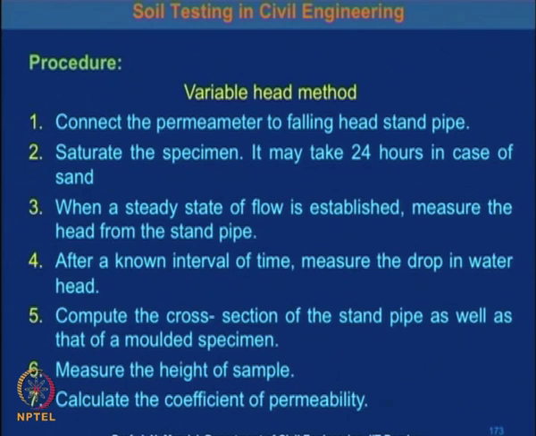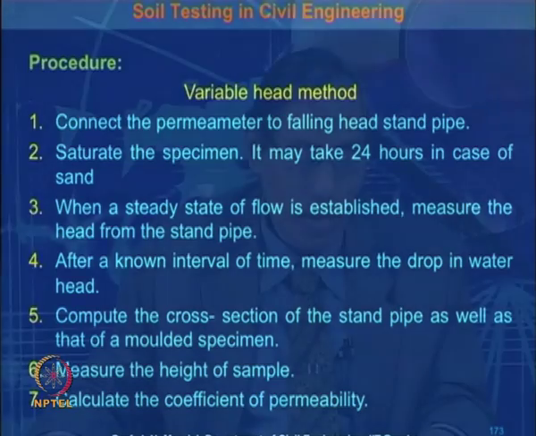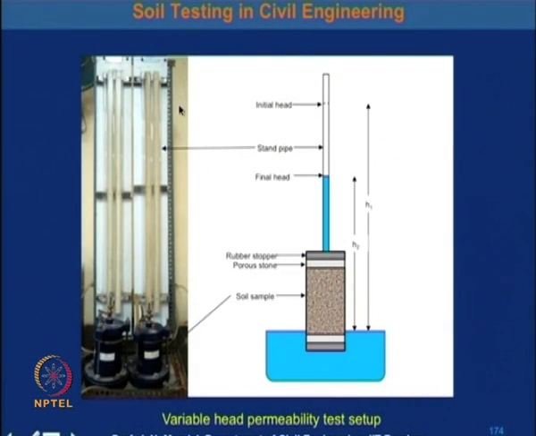After a known interval of time, measure the drop in water head. Compute the cross section of the standpipe as well as that of the molded specimen. Then measure the height of the sample and calculate the coefficient of permeability. This is the variable head permeability test.